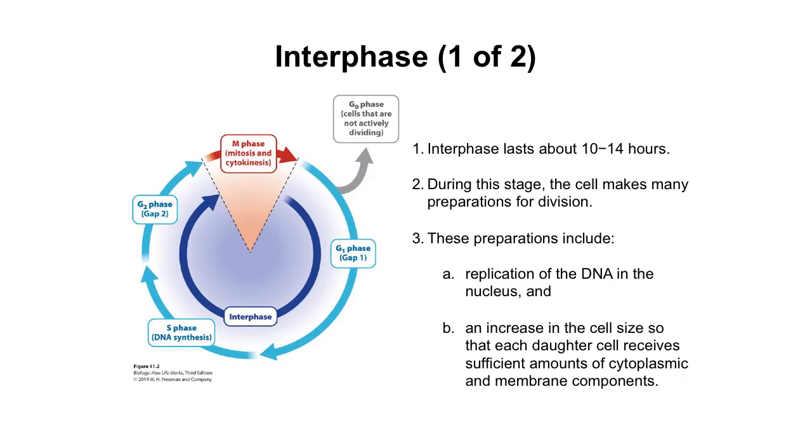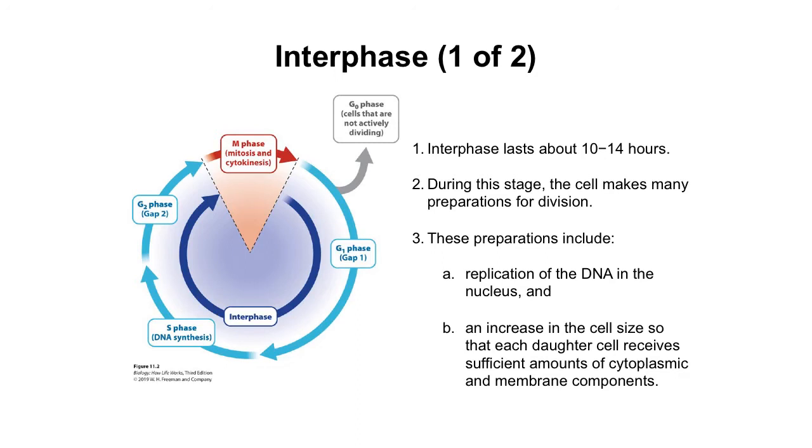Interphase lasts much longer, at least 10 times longer than the M phase, about 10 to 14 hours. And during this stage, the cell makes many preparations for cell division to take place during M phase. These preparations include two basic types.